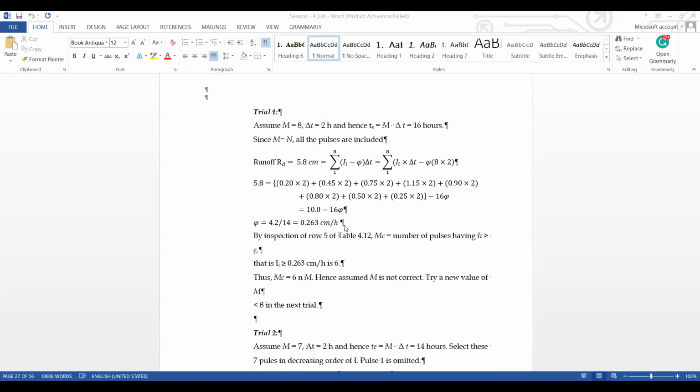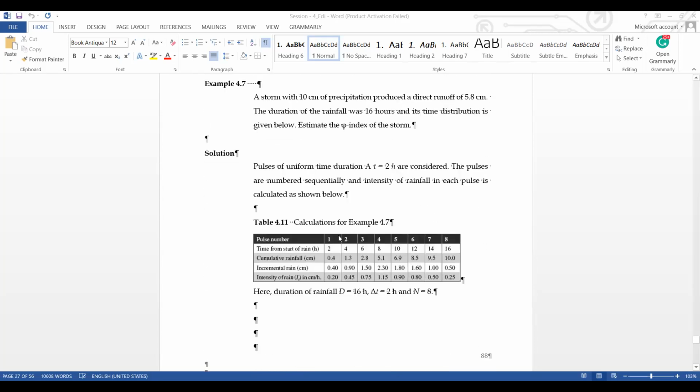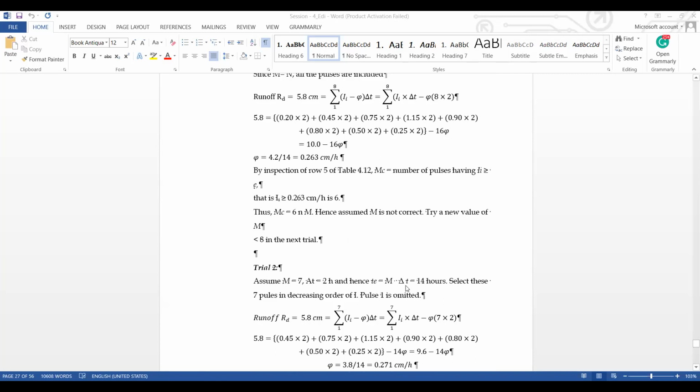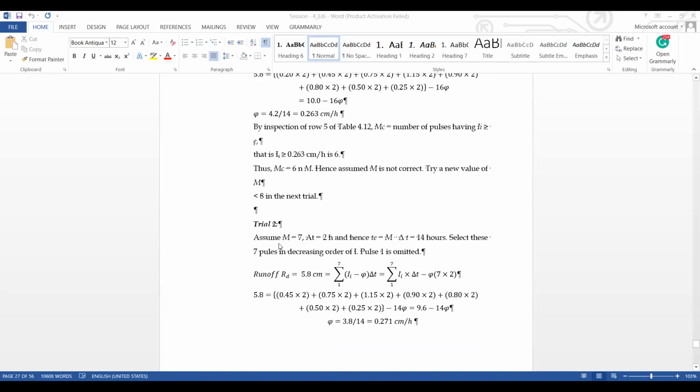What you have got here is 0.263 centimeters per hour. Now, if you go here, you can see there are certain values which are below that value. That means your assumption is wrong. So you do trial 2, assuming m to be 7.